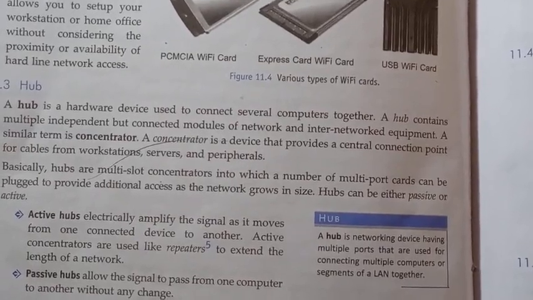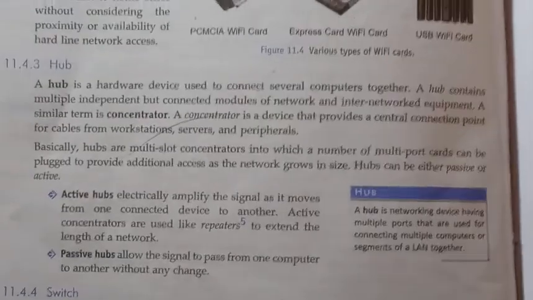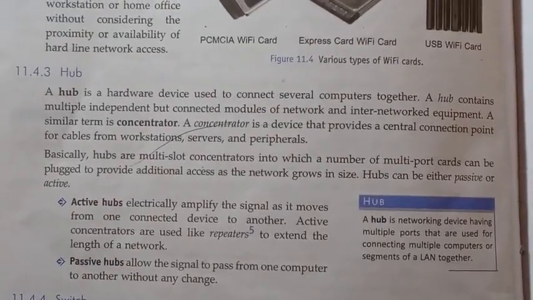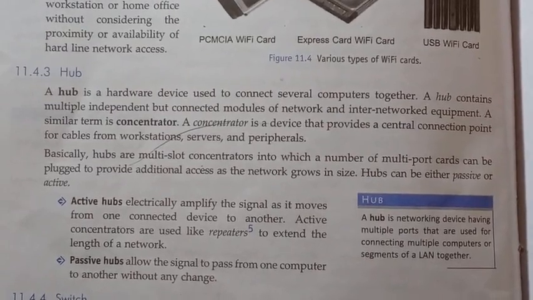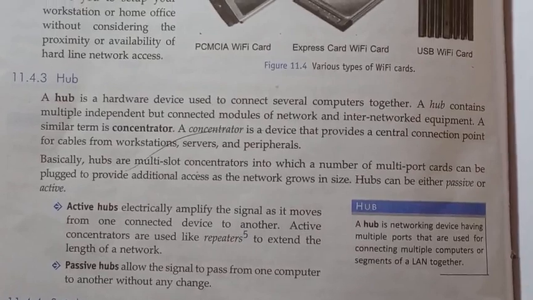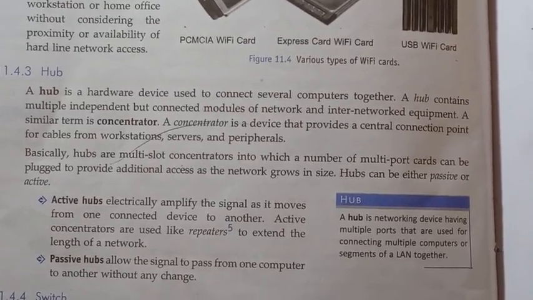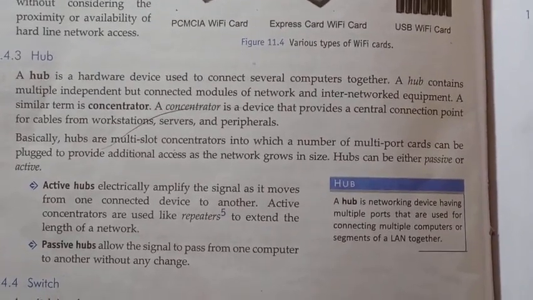A hub is not an intelligent device, which means that the hub does not know to which destination the message is sent. That's why the hub sends that message to all other devices, all other computers. This is the main drawback of the hub.